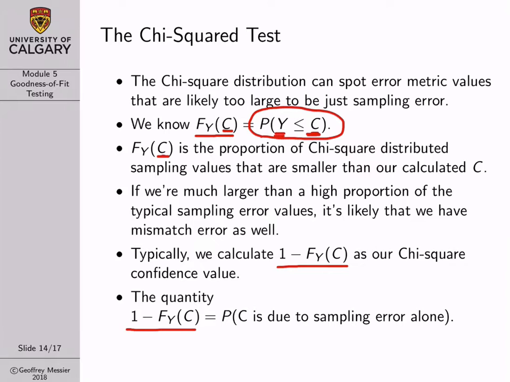So we want 1 minus the CDF to be as big as possible. And if it starts to get too small, then we start to suspect that we have a mismatch. Generally speaking, it's a little subjective, but if this confidence value falls too much below 10%, then you should be a little bit suspicious of your match.